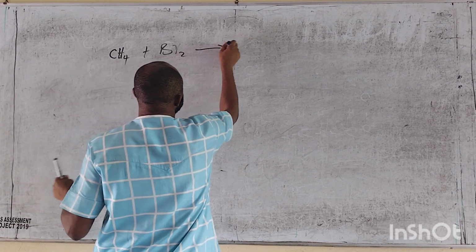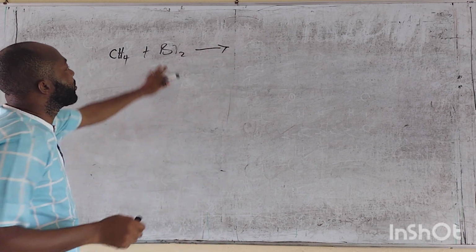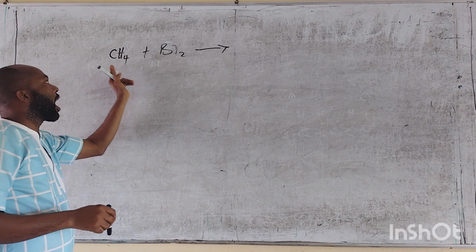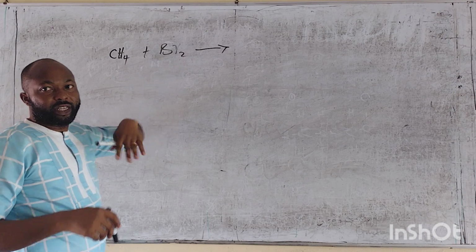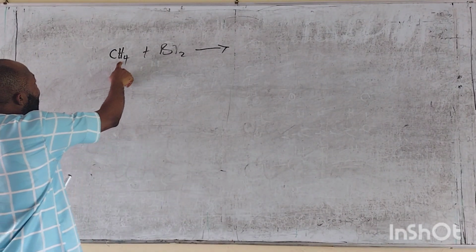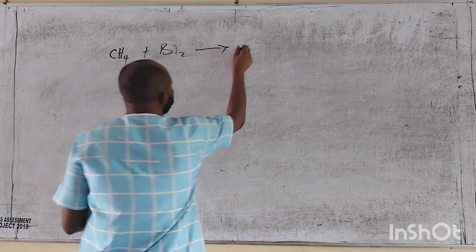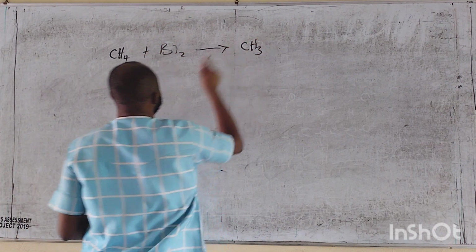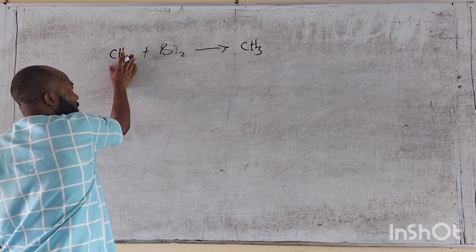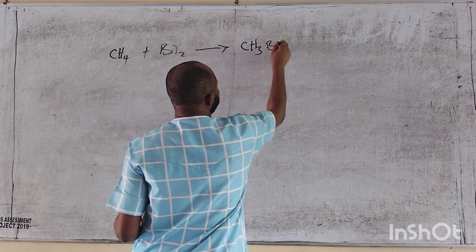Now, in substitution, of these 2 bromine, one of it will come and take 1 hydrogen, and that hydrogen will meet the other bromine. That's all, to give us hydrogen bromide. So let's assume 1 hydrogen has left. We now have CH3. Now 1 bromine here will come over here to join this to give us Br.